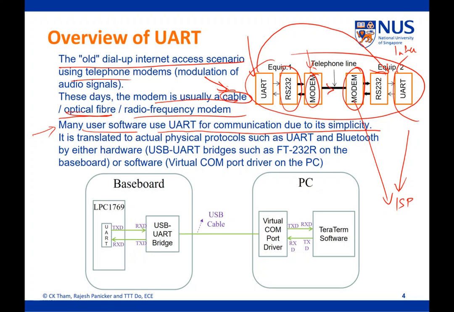Once you plug in the dongle to your computer, assuming that the drivers are installed, you can see a new COM port appearing. Have you seen COM ports in Windows? When you plug in something, I can show you.